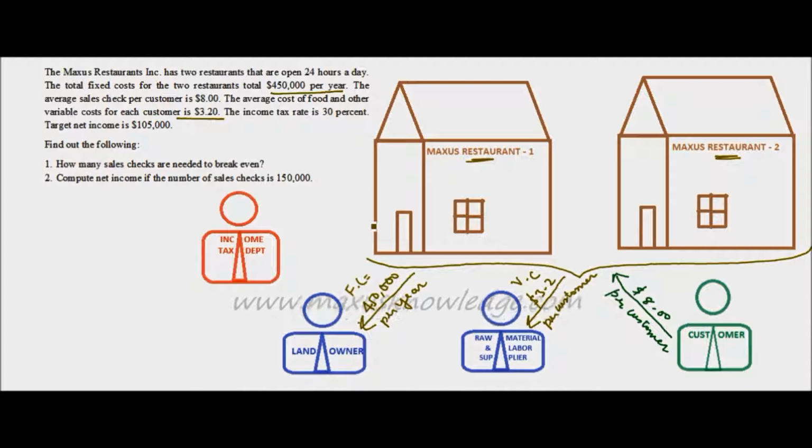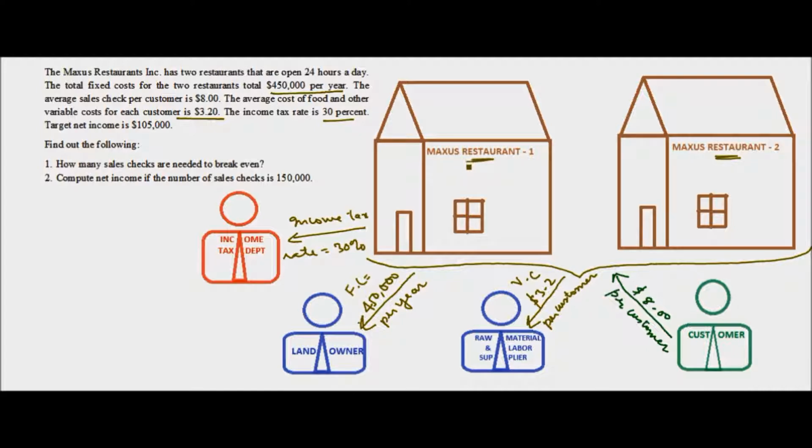Now on the income, the restaurant company has to pay income tax to the income tax department. And the income tax rate has been given to us as 30%. So this is coming out from Maxus Restaurants to the income tax department. And this is the income tax rate, which is equal to 30%.